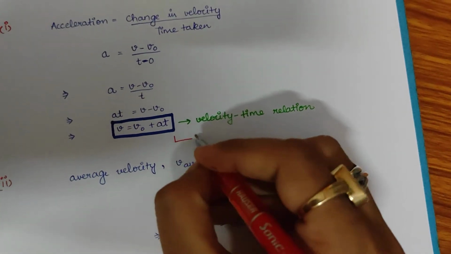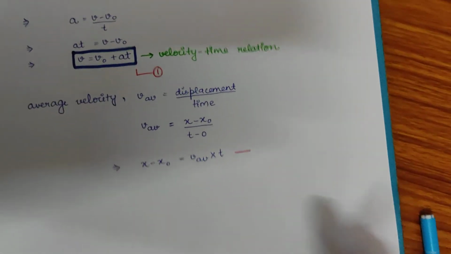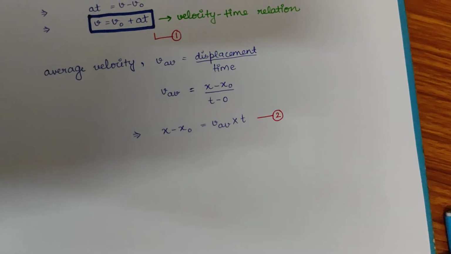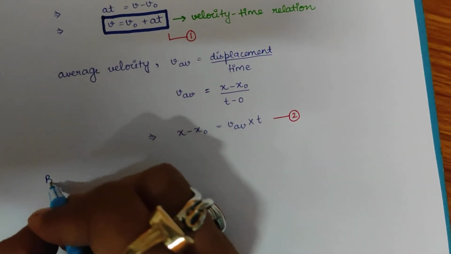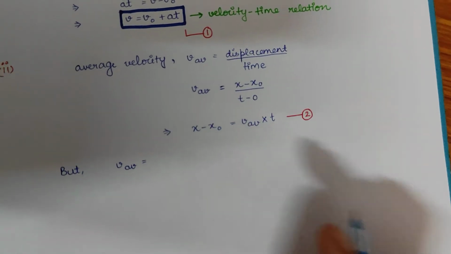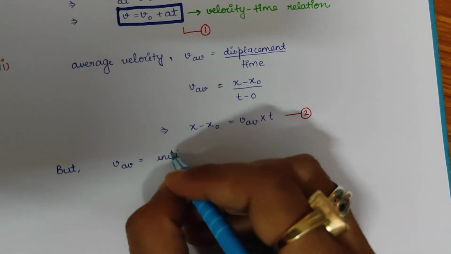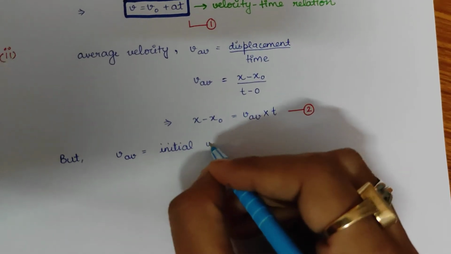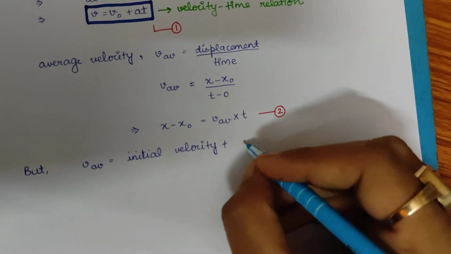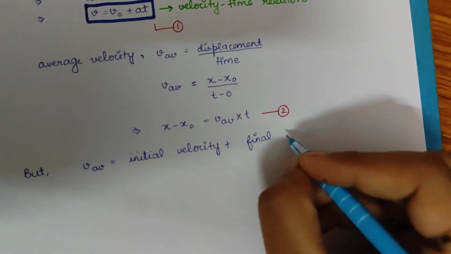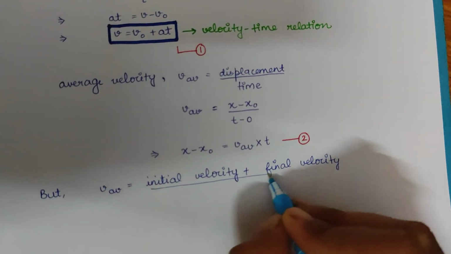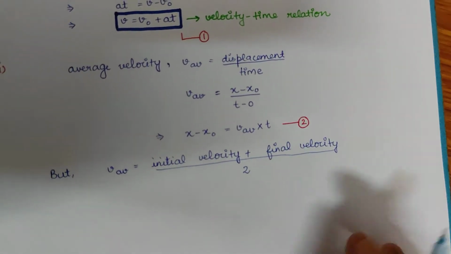Let us suppose the first equation of motion is equation 1 and the equation we have just found is equation 2. Now we know that average velocity equals initial velocity plus final velocity divided by 2.